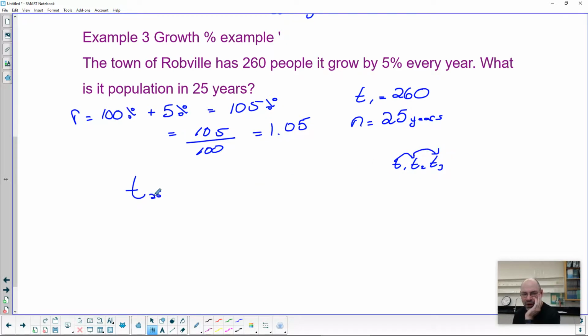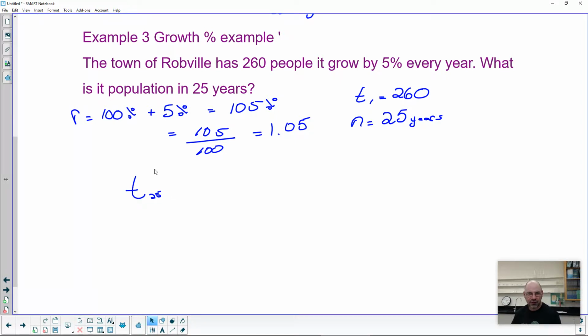Okay, so we're actually gaining an extra one here. So we're actually looking to find out how much is it going to be in 25 years. So we're looking for the 26th term, 25 years after the first term. So you got to be careful with the wording sometimes. I'm usually not too sticky about that, but the book can be when you're checking your answers. So be careful with that.